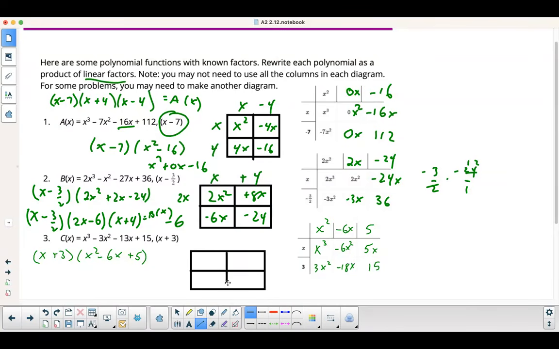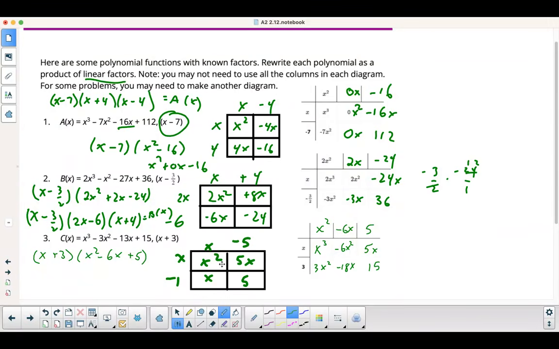All right, this is a 2 by 2 box because it's quadratic. So I put my x squared here, and I put my 5 here. So this is going to be x times x. To get 5, the only way I could do it is 5 and 1. But here's the problem. Check this out. This gives me 5x. This gives me 1x. When I add these up, I get 6. I need it to be negative 6. So these have to be negative.